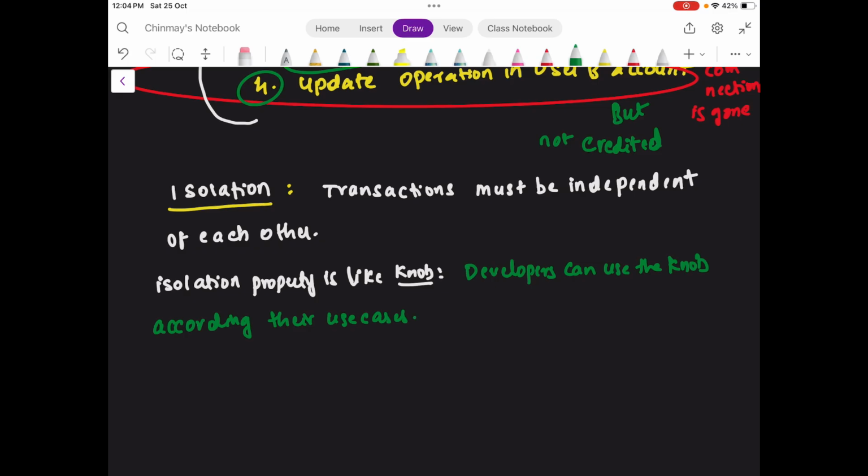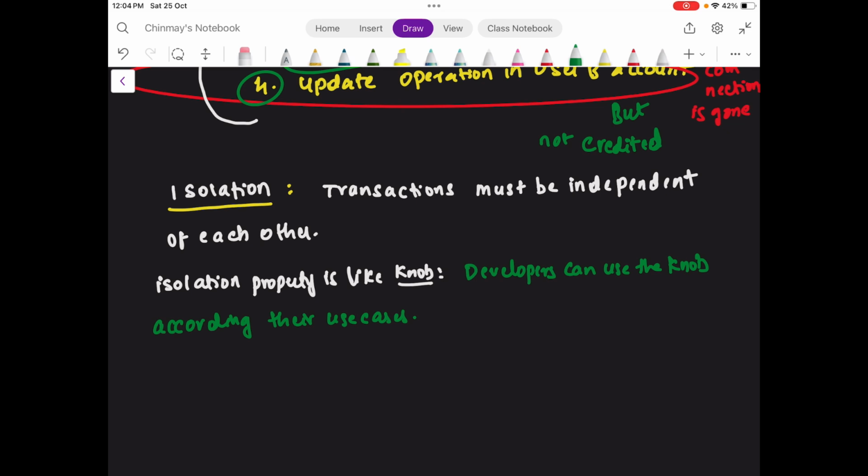How far transactions can access other transactions depends upon the developers. How much isolation will be required for your application database is completely in the hands of the developer.